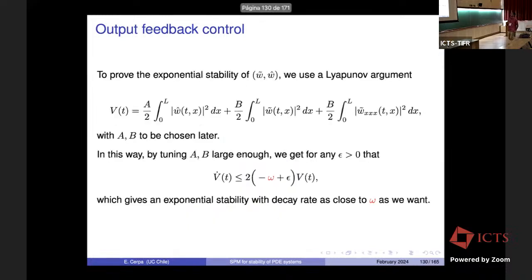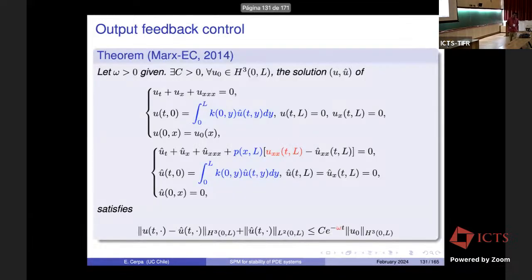So in order to manage all the computation, we need this Lyapunov function. And for that, we are able to prove that the system is exponentially decreasing to 0. So this is the result.